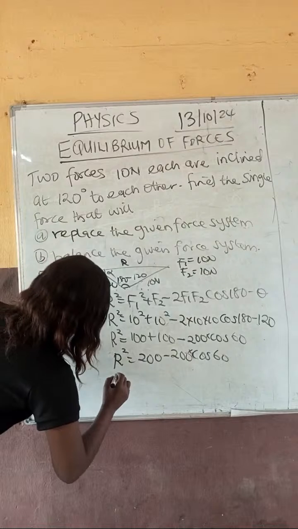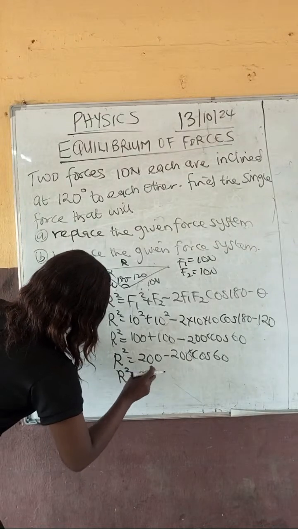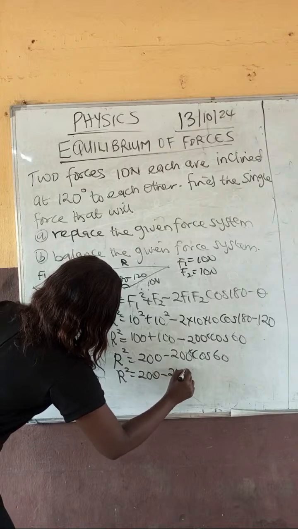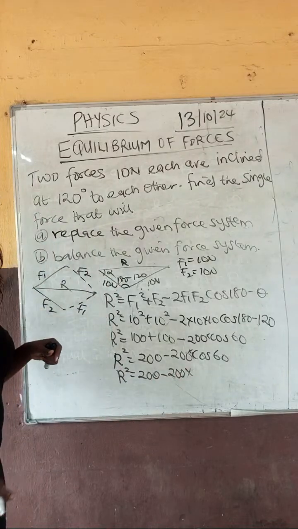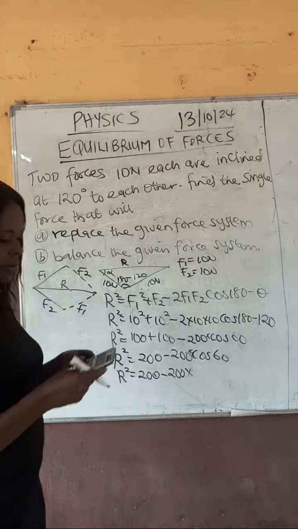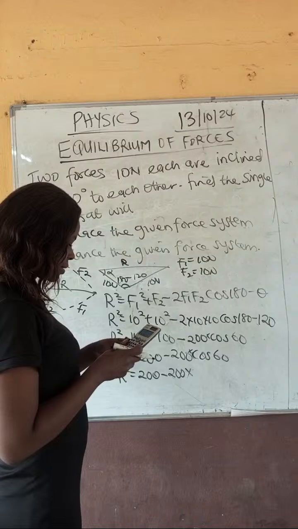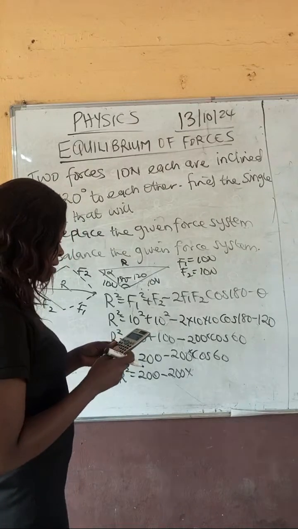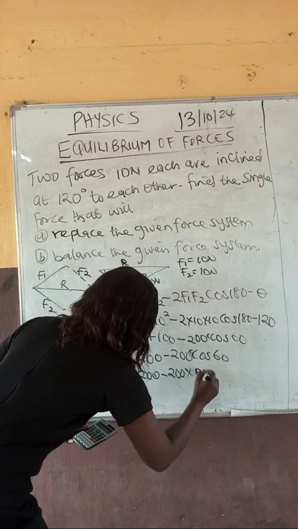Now let's proceed. R square is equal to 200 minus 200 times cos 60. Let's use our calculator to get cos 60. Cos 60 is giving me 0.5.